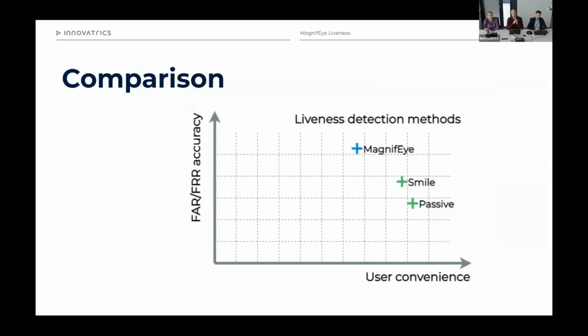Of course, there is some user convenience trade-off, so it is useful to combine different liveness detection methods in projects where you need operations with lower security requirement, with a higher frequency of usage, and verifications where the security required is really high.